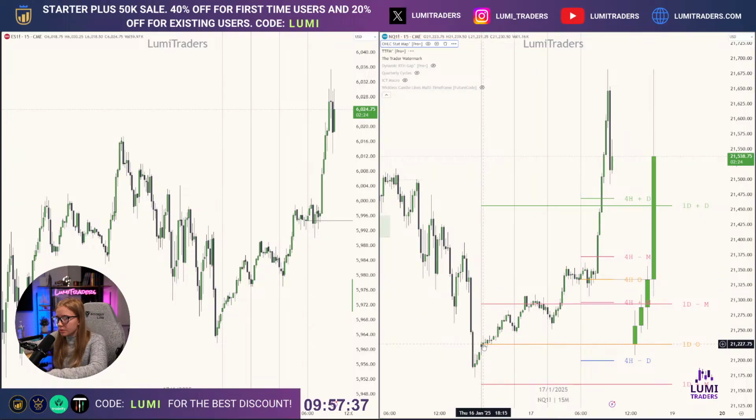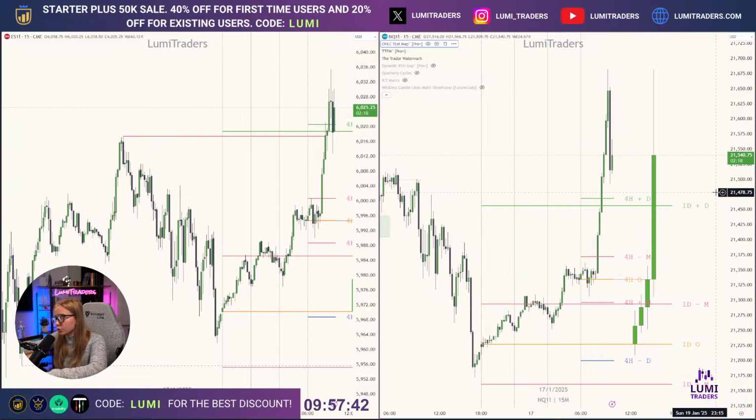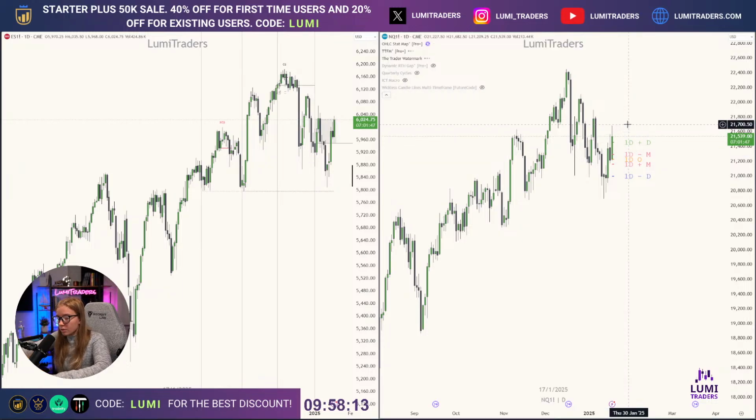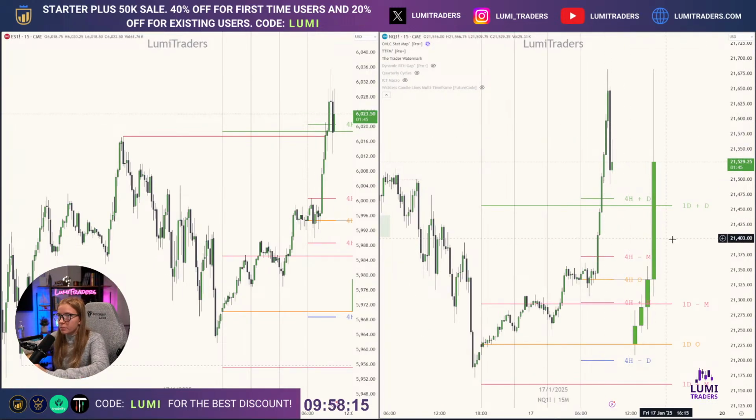We got the daily open right here, then an immediate move up, all the way above the daily distribution level. In my perfect world, of course, I would like to see deeper retracements in TGIF, and I guess it's too much to ask for the daily open today. But in order to complete the daily range, let me look at the daily candle. Yeah, it's a small manipulation below this level. Ideally, I would like to see a deeper retracement down, just looking at the Stat Map levels right here.